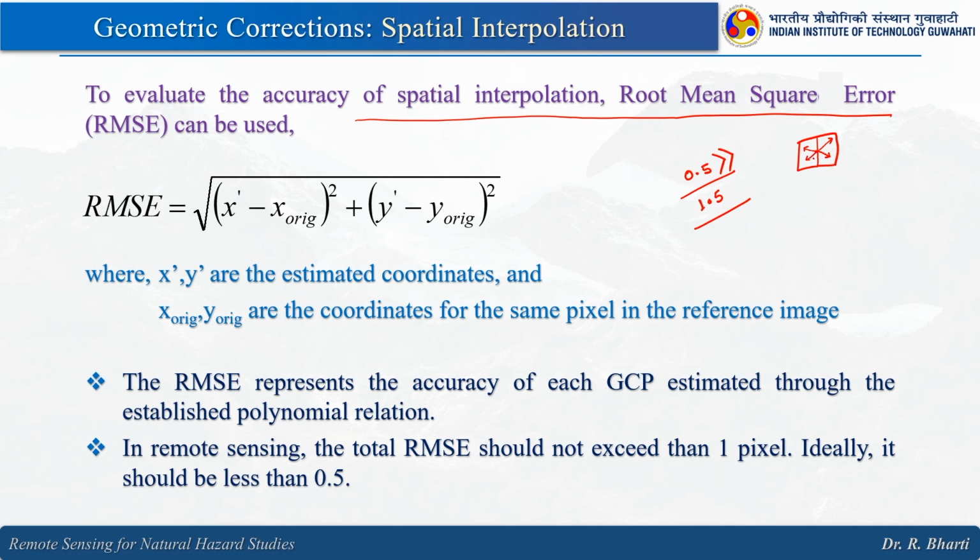So it is within this particular pixel. But when we say 1.5, that means it is going beyond this boundary and getting located in the next pixel. So it is a thumb rule that this RMSE should not be more than 1 pixel, right. This is very, very important. Why? If it is more than 1, the feature is getting shifted to another pixel, right.